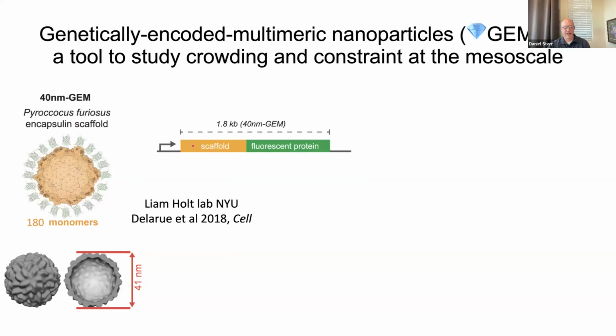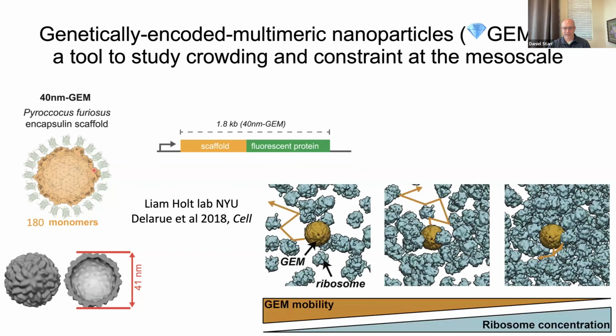So it's genetically encoded, and then this scaffold will self-assemble into these 180-mers, and you get these very uniform particles of about 40 nanometers across. And they're very bright because they now have 180 copies of GFP. So we have bright, uniform, known-size particles, and we can now watch these things diffuse around inside the cell to get an idea of the biophysical properties.